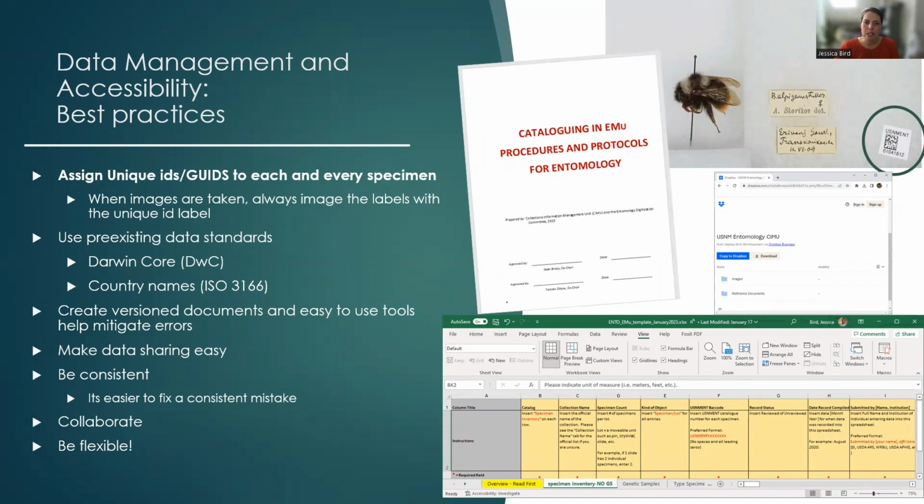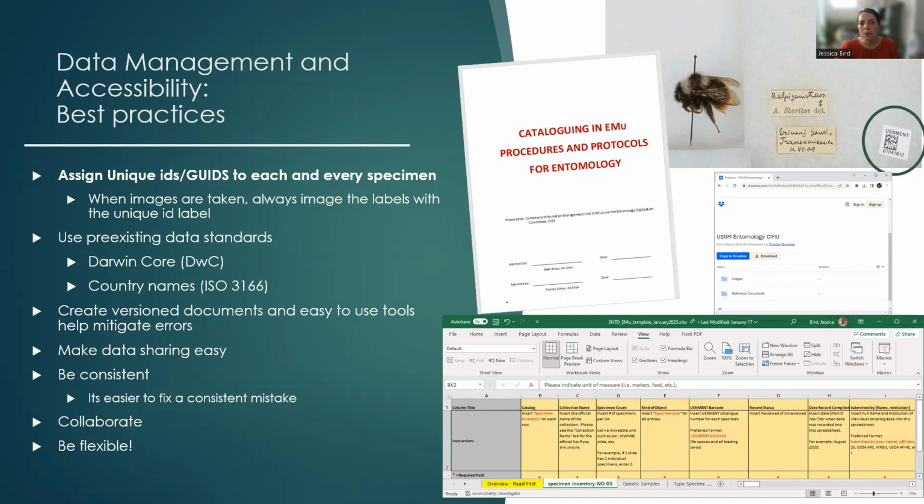We call this the USNM int label. With entomology specimens, you may have so many that were collected close together, and the data labels can be almost identical. So it's really important that we have these unique numbers attached to the specimens so that they can be easily tracked and so that changes can be made to the data.